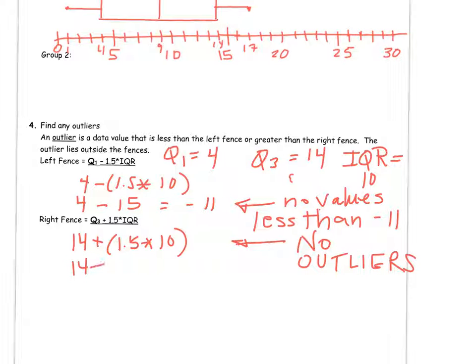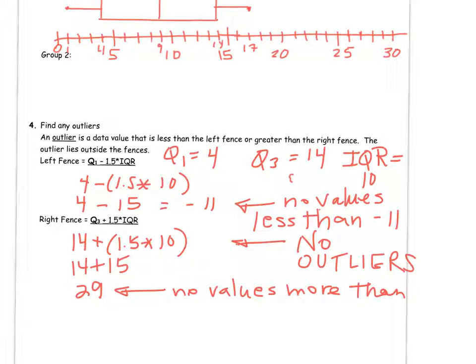So 14 plus 15 is 29. And there's no values more than 29. What's the largest value in this data set? It's 17. So what does that mean? There are no outliers on the higher end.